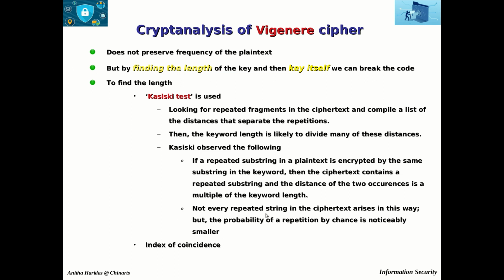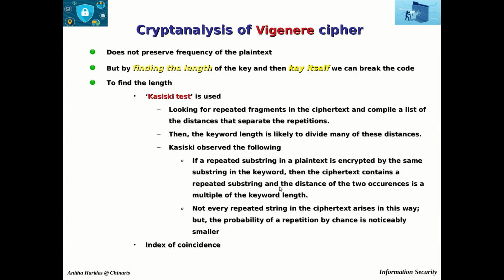Now, not every repeated string in the ciphertext arises in this way, but the probability of the repetition by chance is noticeably smaller. So, this is the observation done by Kasiski.